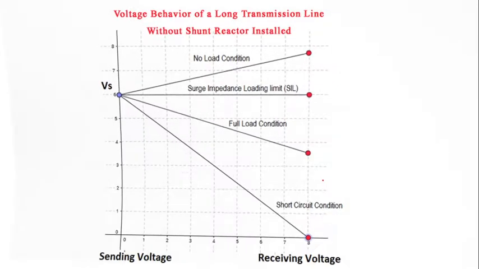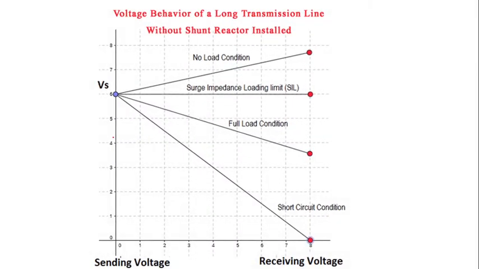Over here we can see that this is our supply voltage Vs, and this is our receiving end voltage. Whenever we are working at no load condition, the receiving end voltage is higher than the supply end voltage. Whenever we are working within surge impedance loading limits, the supply end voltage is equal to the receiving end voltage, and this is called a flat voltage.